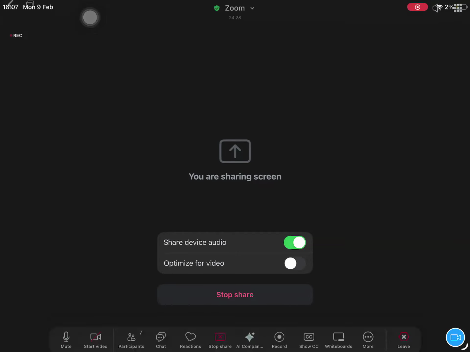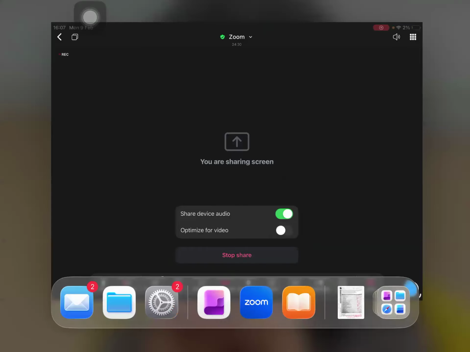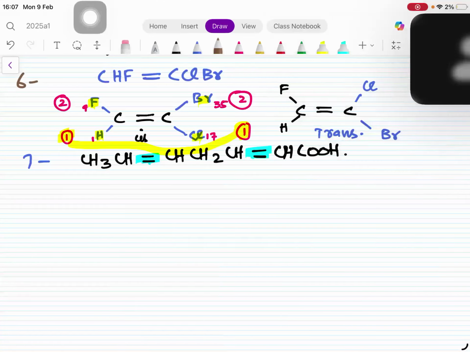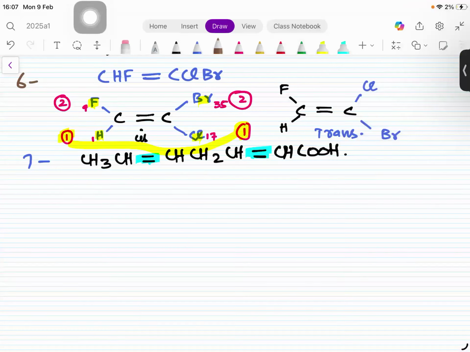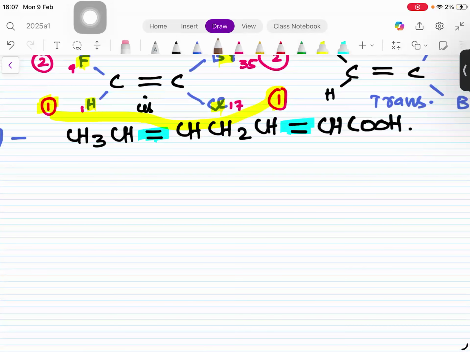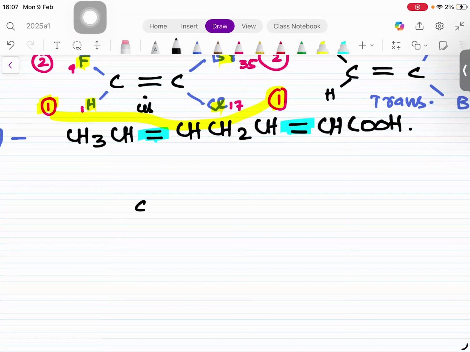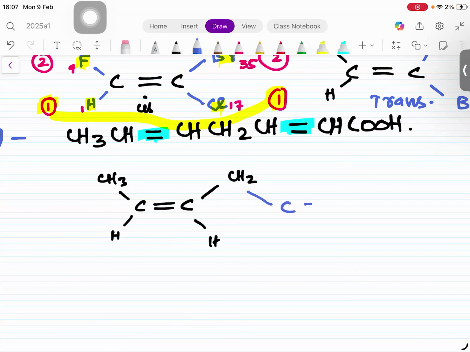Am I right? So if you look at this, for example, please pay attention. In this compound, there are two places where there is a restriction in the double bond. One here, H, this is CH3, this is H, this is CH2. And then again from here, the second double bond starts.